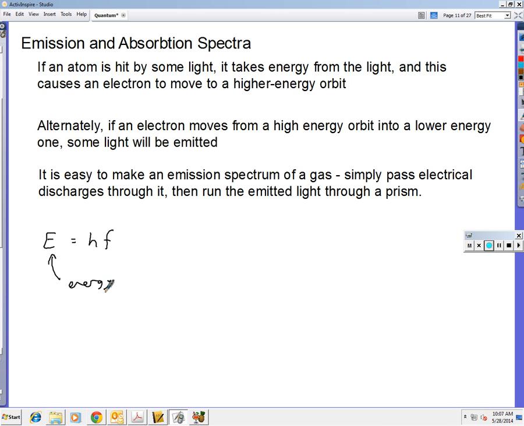So this is the energy lost by the electron, which becomes a photon. And then this is the frequency of the photon.